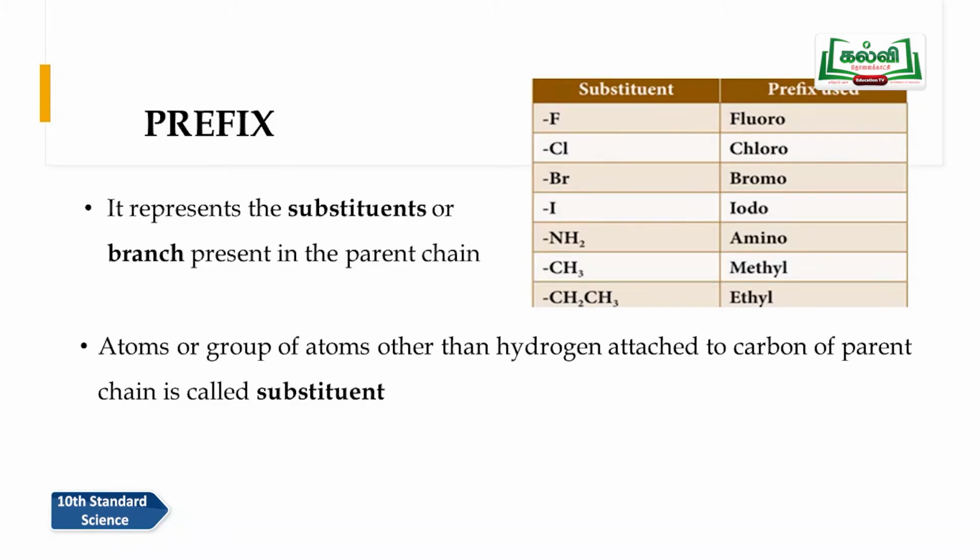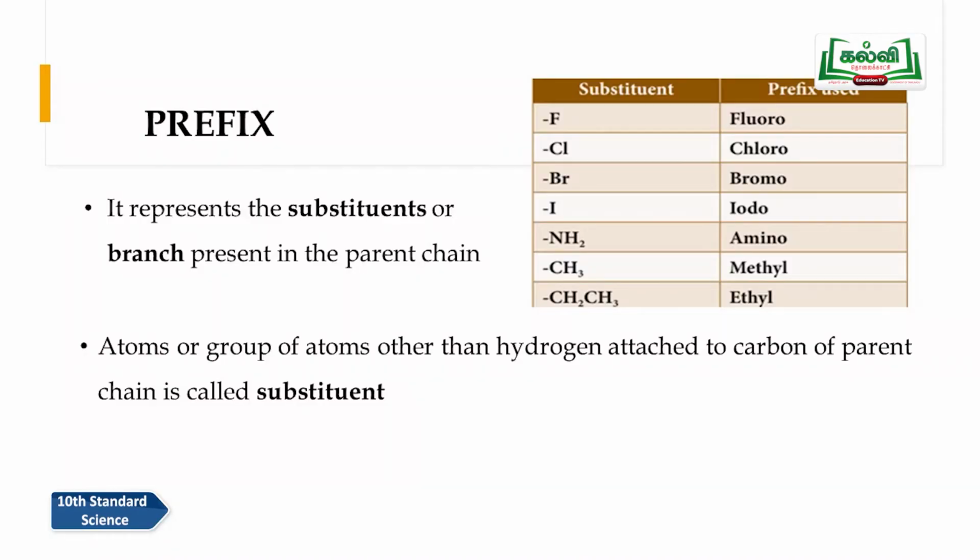So what is a prefix? It is an atom or a group of atoms other than hydrogen which are attached to the carbon of the basic unit or the parent chain.